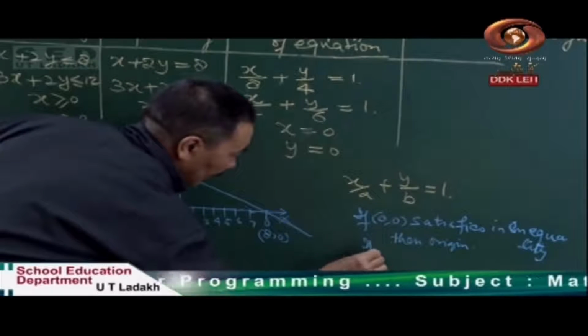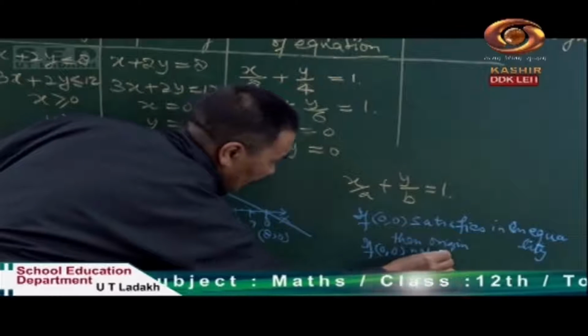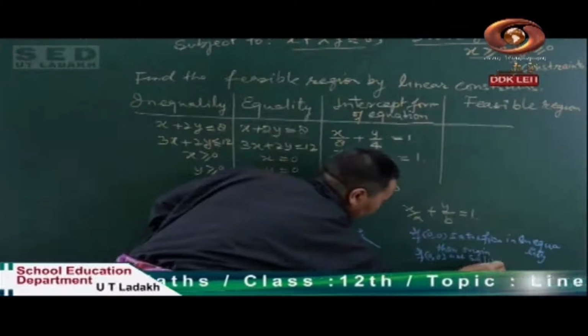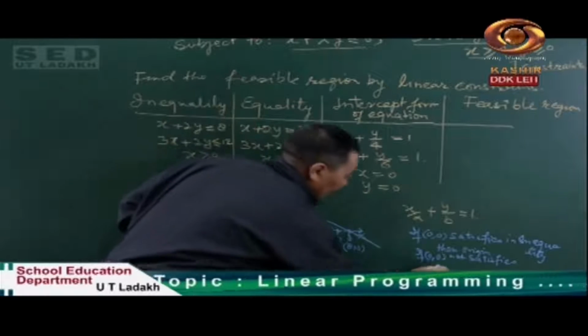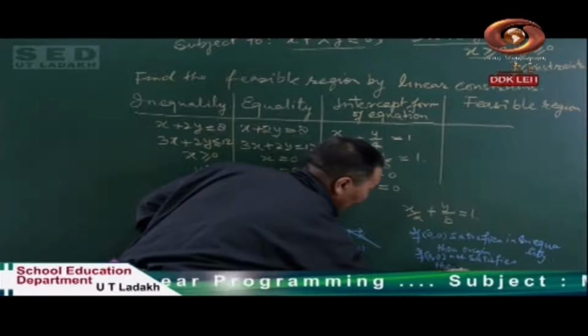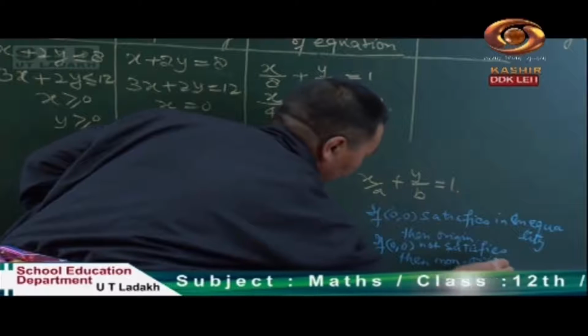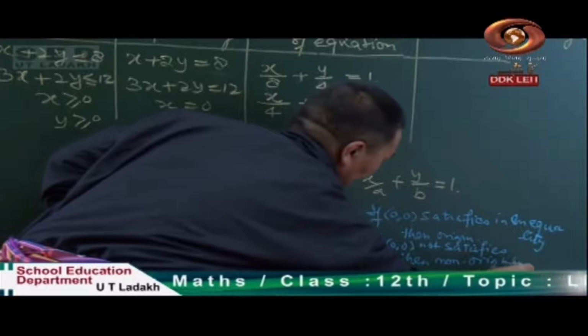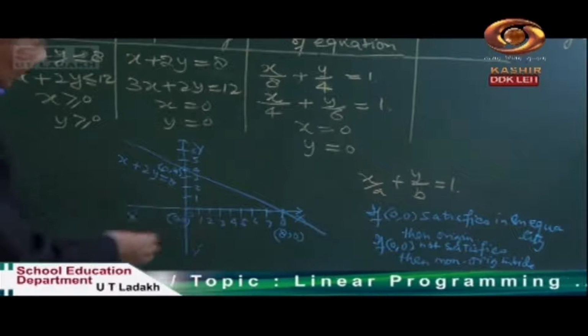If 0, 0 does not satisfy it, then we have to shade towards the non-origin side.